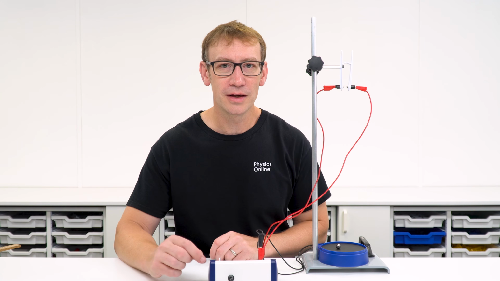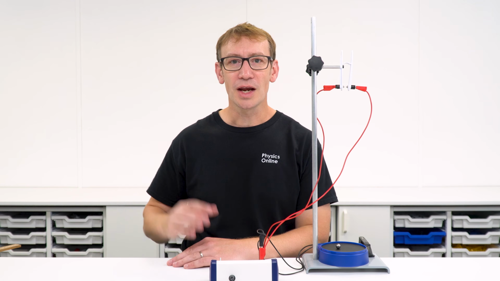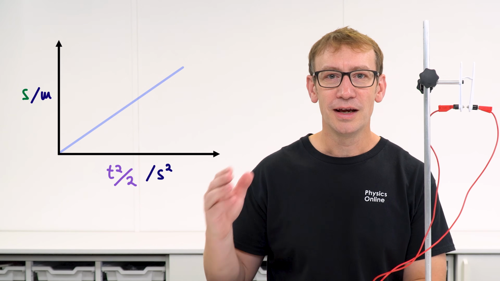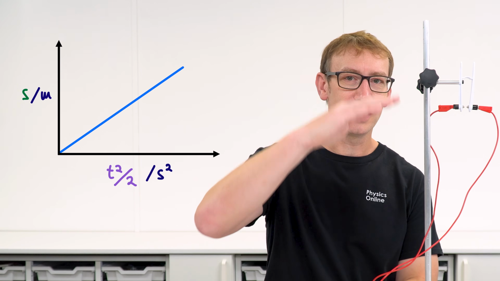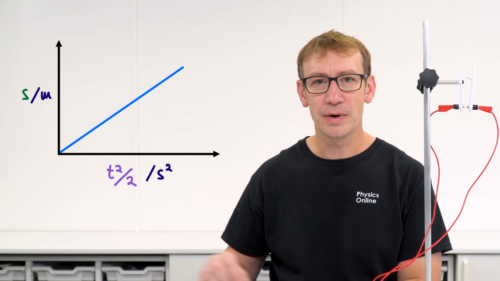Now, of course, at the moment, I guess we could work out the value of g just by looking at the height and the value of time, but it's much better to do this using a graph. And what you want to do, as I explained earlier, is have a range of different values for the height that that ball falls through, and then you can plot that against t squared over 2.